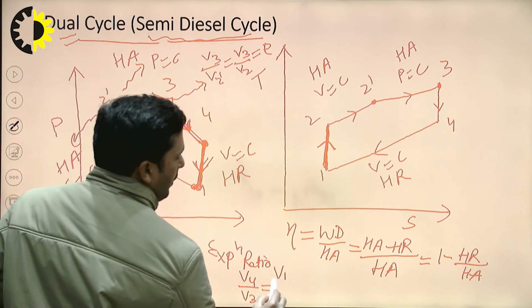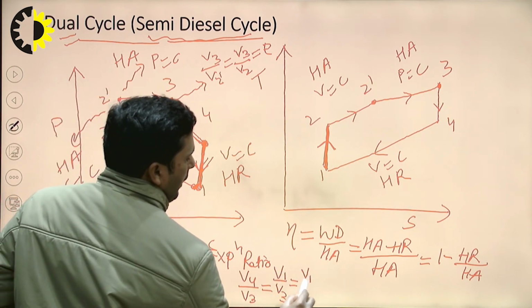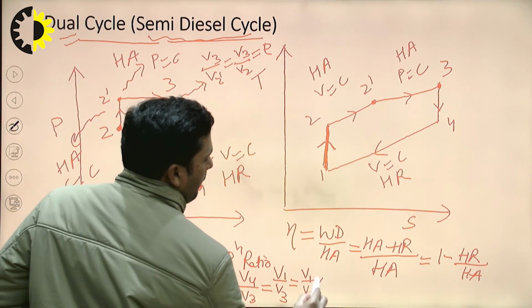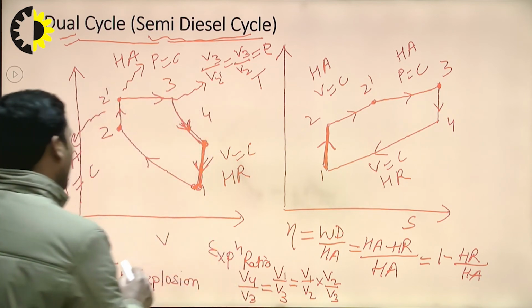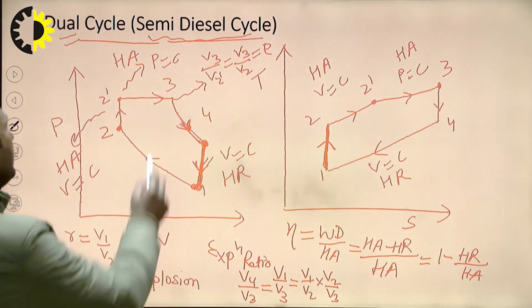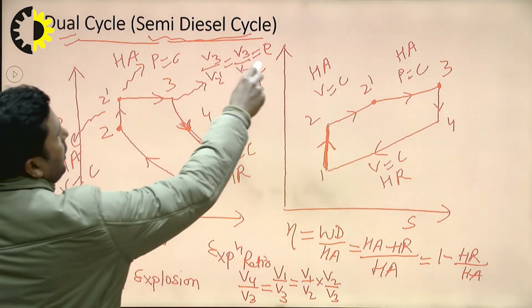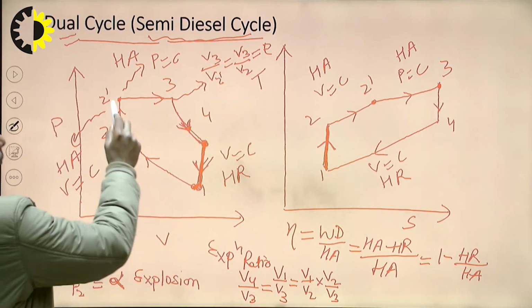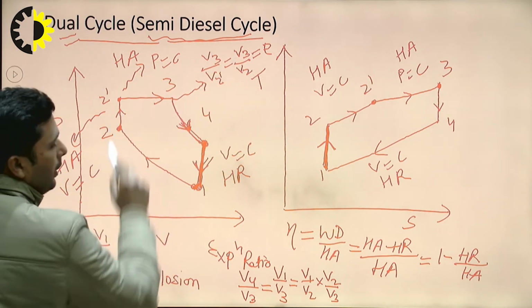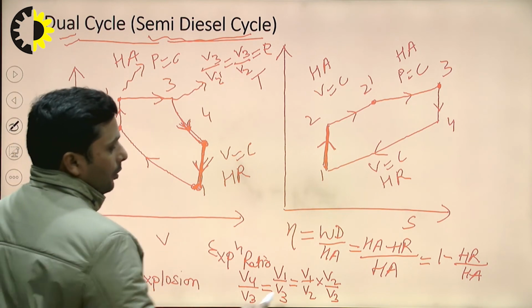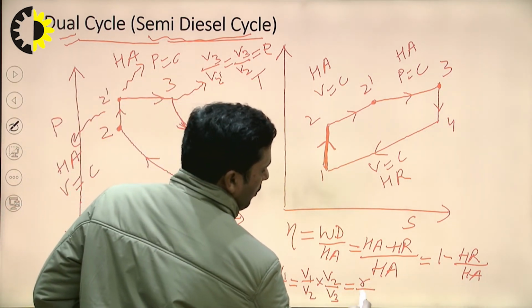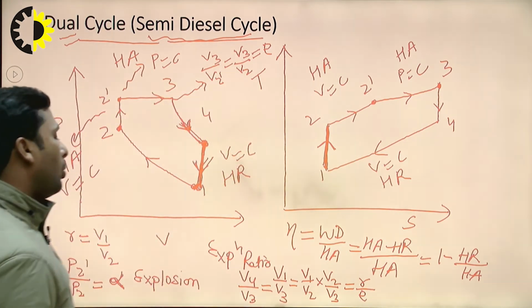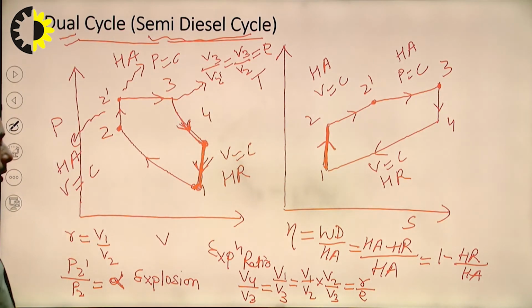So V1 by V3, and we can also write it as V1 by V2 into V2 by V3. We know that V1 by V2 is equal to the compression ratio, and V3 by V2 dash, or V3 by V2, is equal to the cutoff ratio. So V2 by V3 will be 1 upon the cutoff ratio. So this term will be equal to r by rho. Expansion ratio V4 by V3 is equal to r by rho.